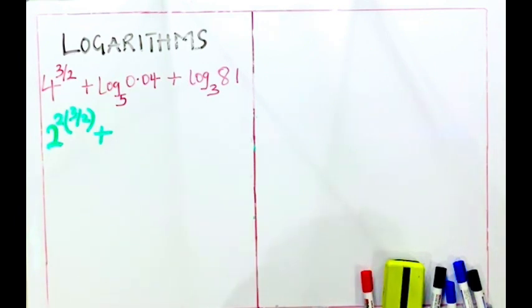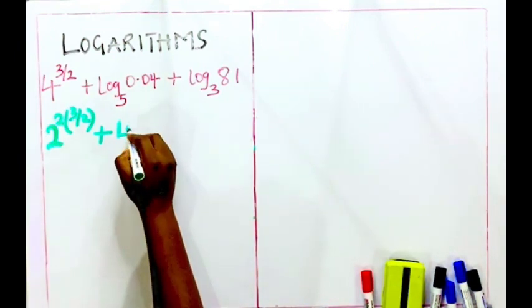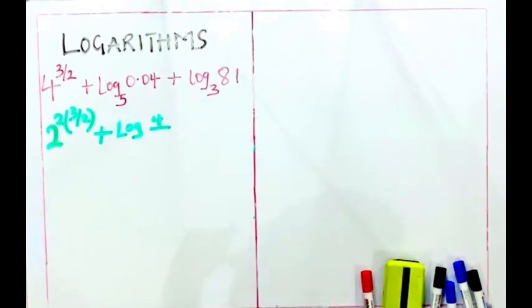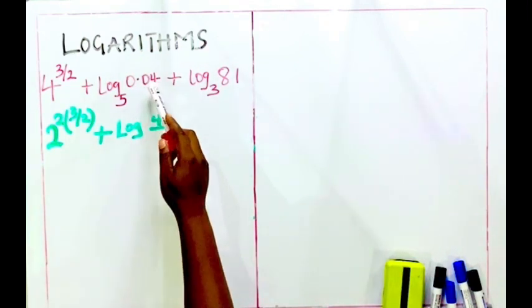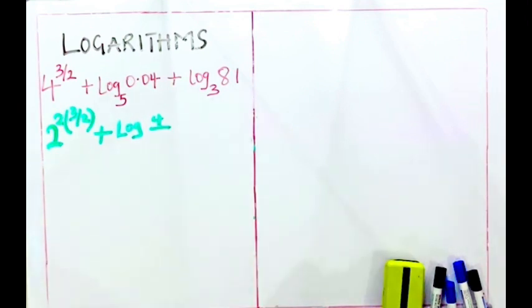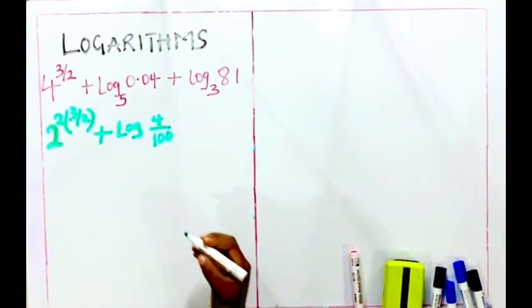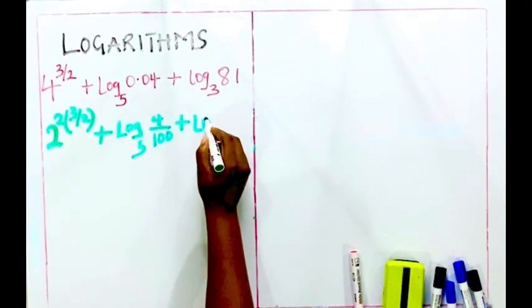The next step is to change 0.04 to a fraction. This will be written as log 4 over 100, because 0.04 is in 2 decimal places. That means there are 2 digits after the decimal, so that will be 2 zeros, 4 over 100 base 5 plus log.